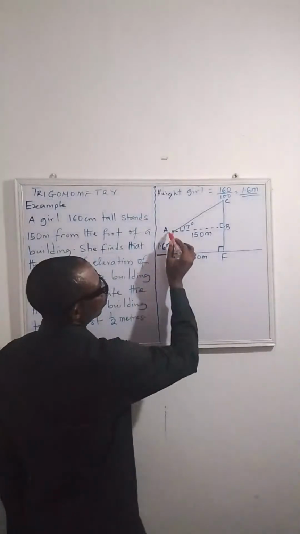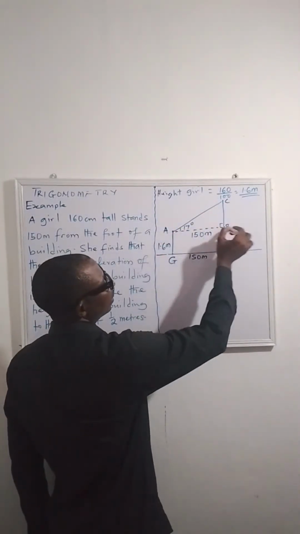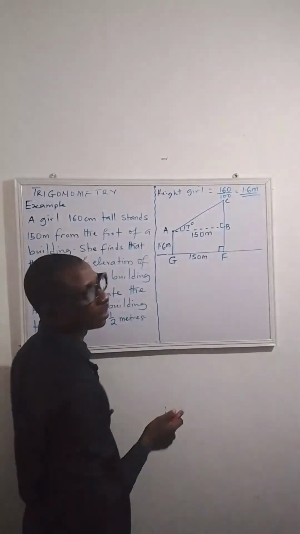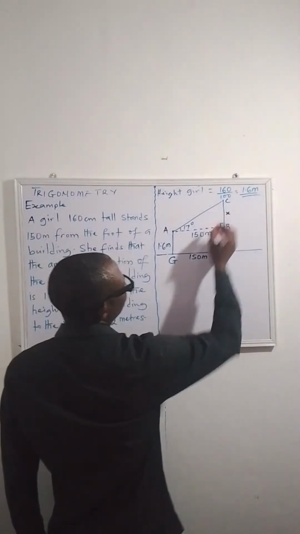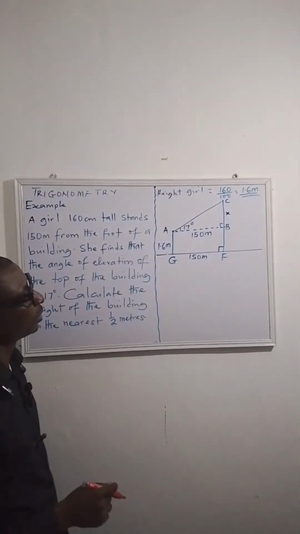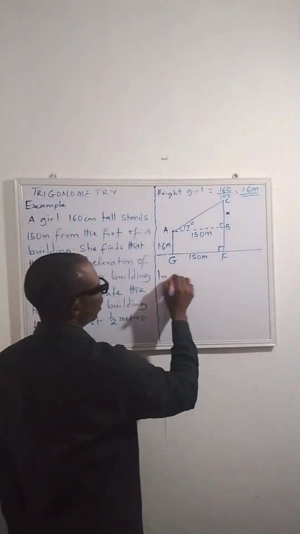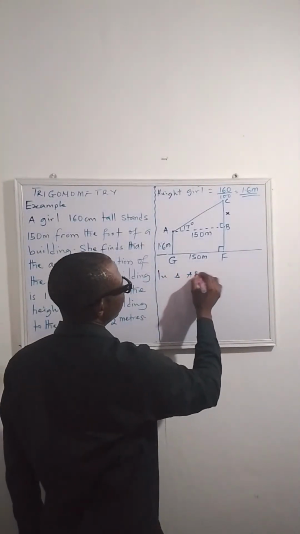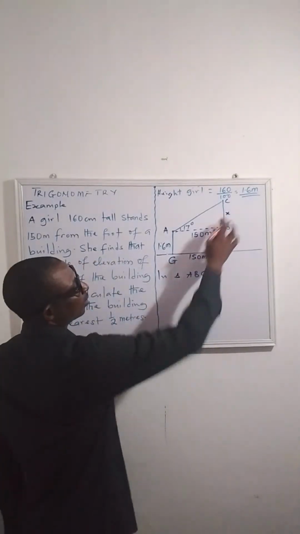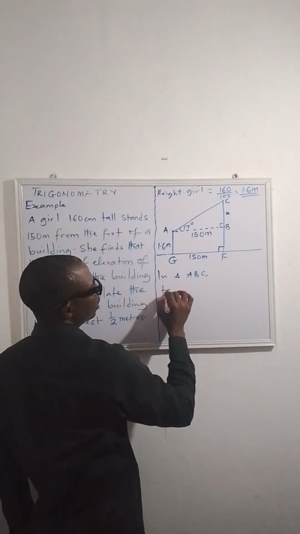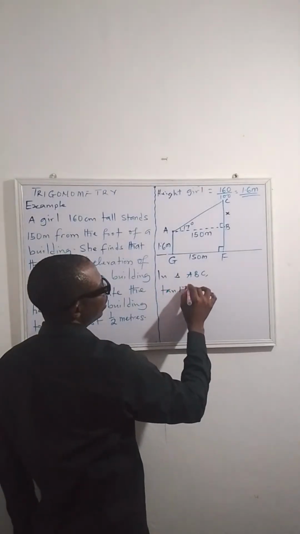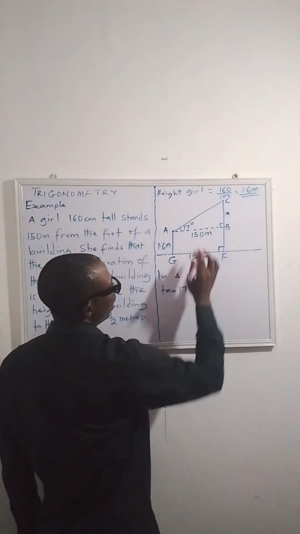So now we can consider this triangle ABC. We need to get this, let's call this X. So in triangle ABC, we have this is opposite and this is adjacent. So we are making use of tan 17 degrees equals opposite over adjacent.